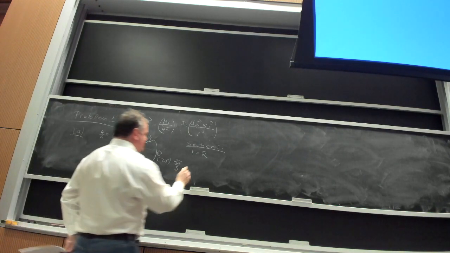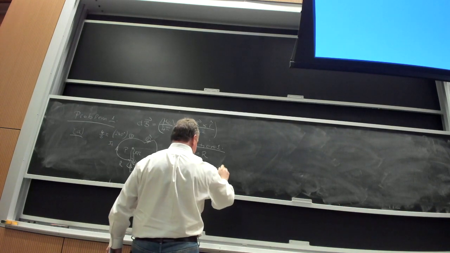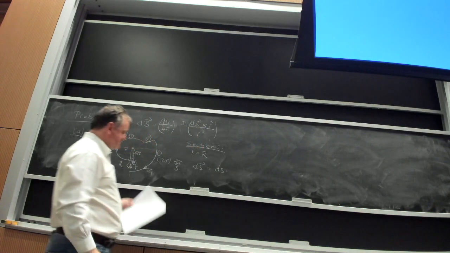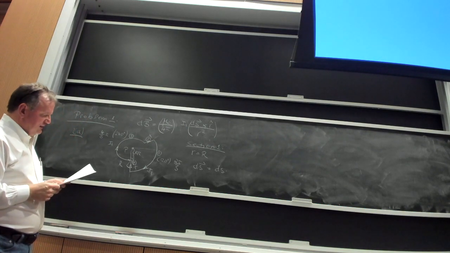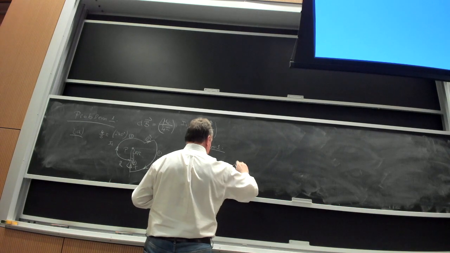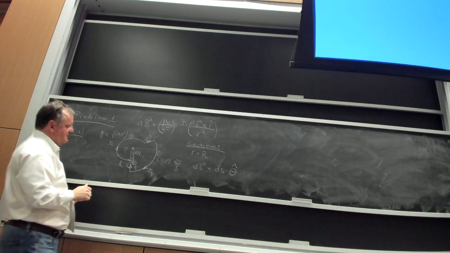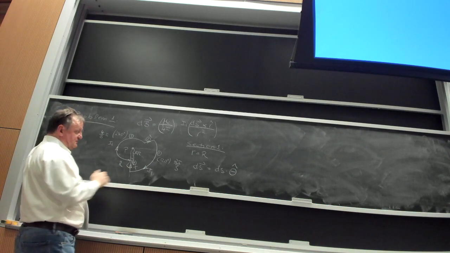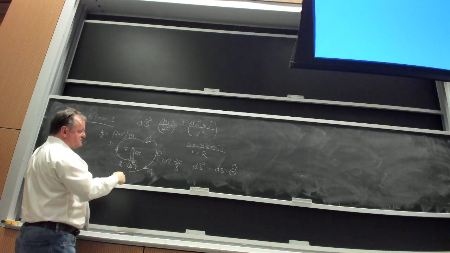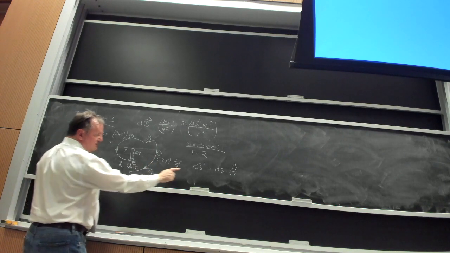So now ds can be written, let me write this generally, as ds times the azimuthal unit vector, pointing in the direction where you're moving towards. So ds points in the current direction.